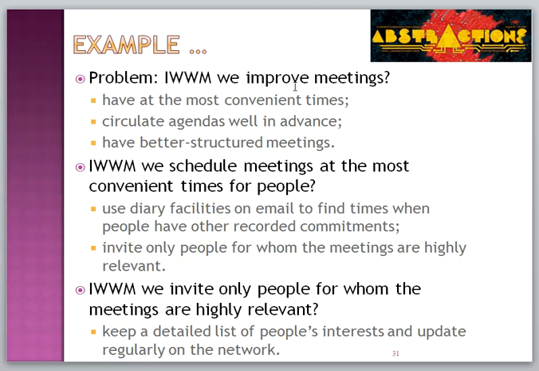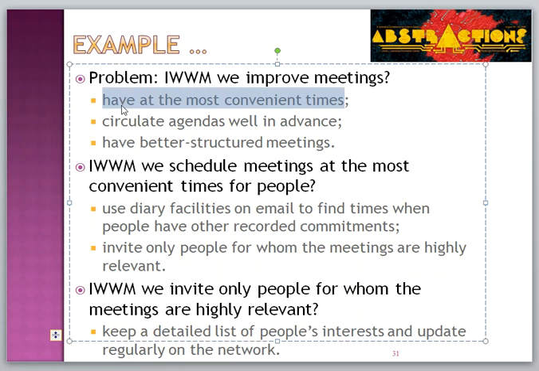So the question is, how can we improve, in what ways might we improve meetings? The answer could be by having the meeting at the most convenient times. Okay, this is a solution, right? So now we can redefine the problem by saying, how can we have our meetings at the most convenient times?